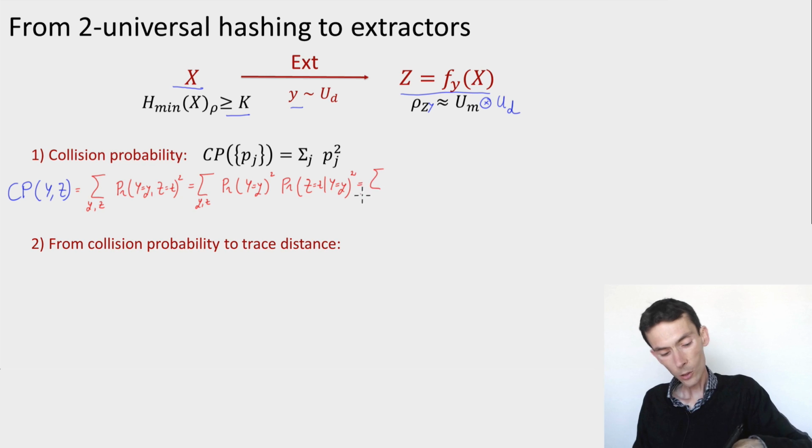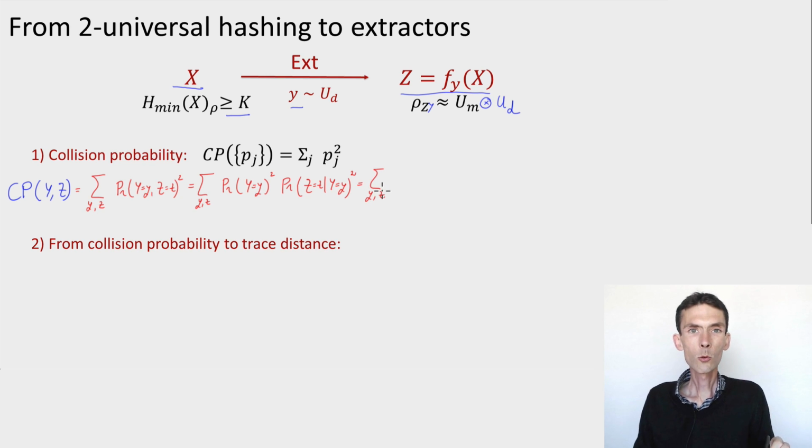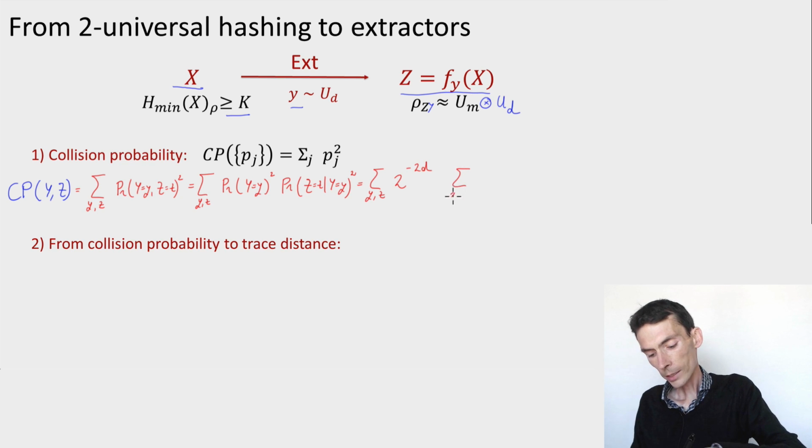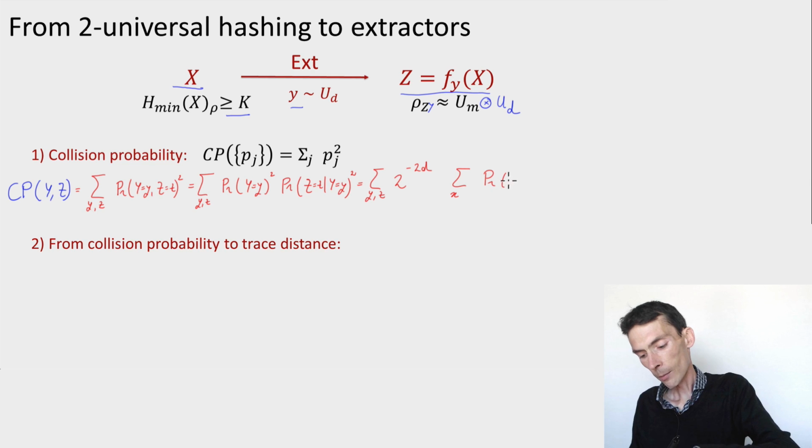Now, if we spell this out, we get the sum over y and z. The probability that y is equal to y is uniformly distributed, so that's just 2 to the minus 2d. And the second term I can write as the sum over x, possible values for x, of the probability that I sample x, times the indicator function that f_y of x is equal to z. And all this is squared.